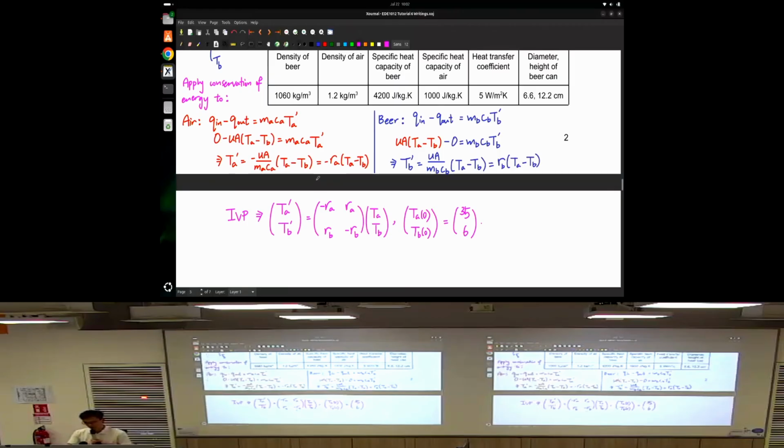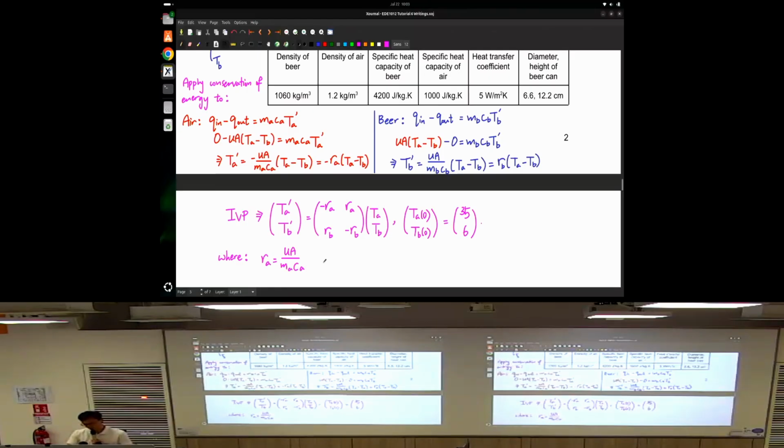Okay, so if you look at RA, it is UA over MA CA. So RA equals UA over MA CA. CA is no problem, the heat capacity of the air, no problem. It's 1,000.